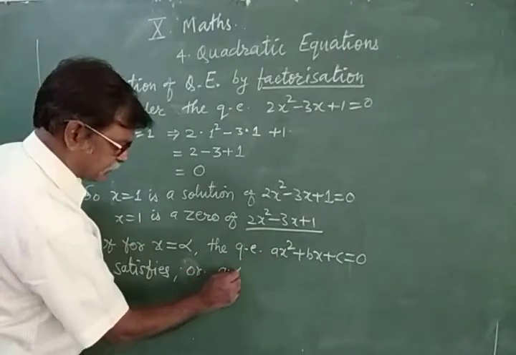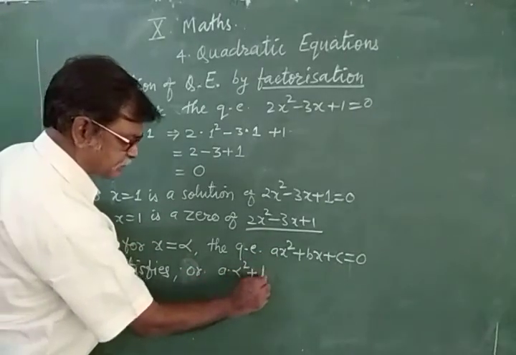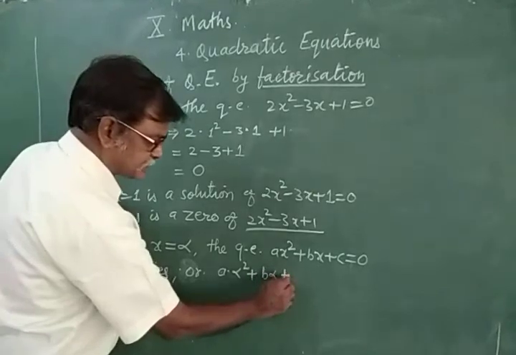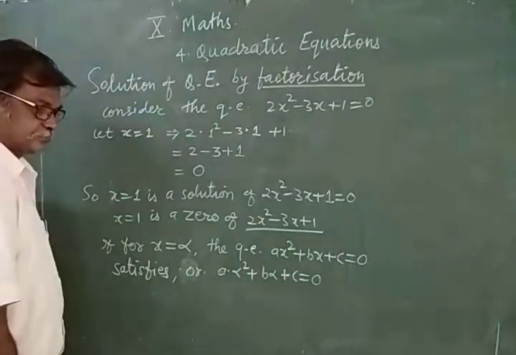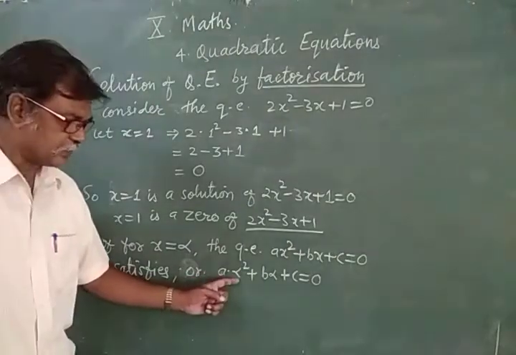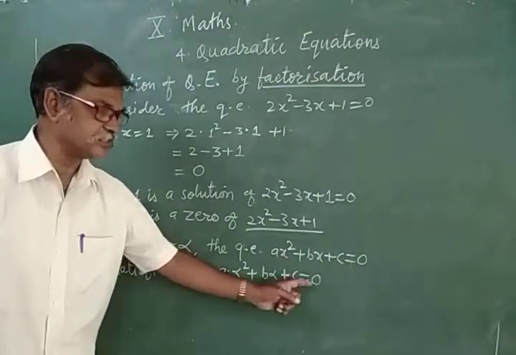So, a into alpha square plus b into alpha plus c is equal to 0.